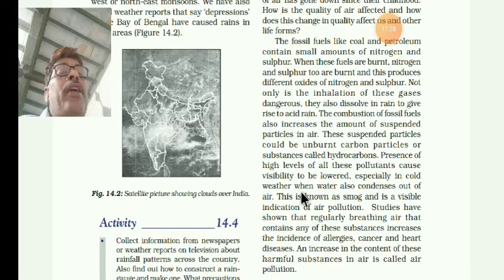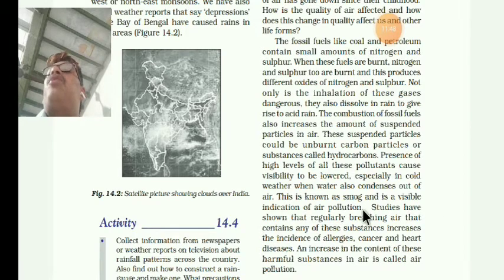That is why accidents happen in low visibility. Visibility is reduced especially in cold weather when water also condenses out of the air. This is called smog, a visible indication of air pollution.